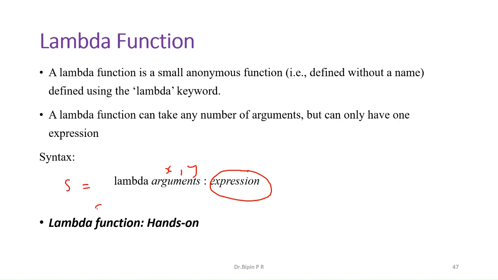Now if you give s of some numbers, 1 comma 2, this 1 will be taken to x, 2 will be taken to y, and we will perform the operation here. It may be x plus y, x into y, something. Now when you print this, you will get the output.